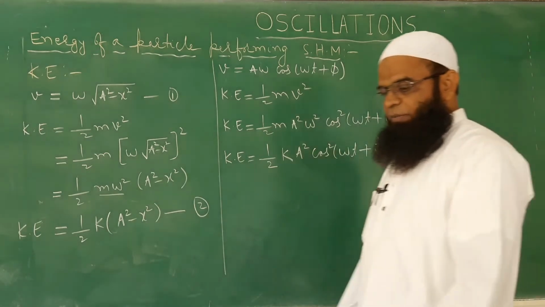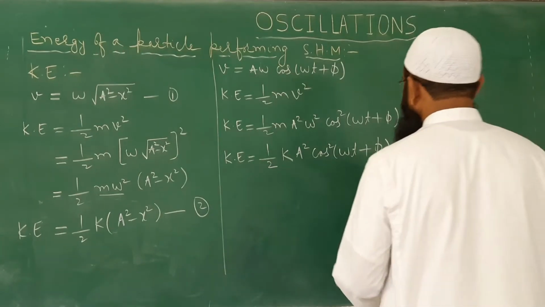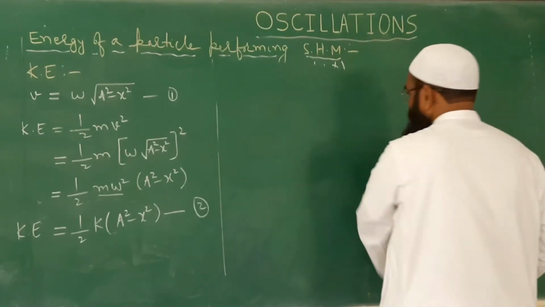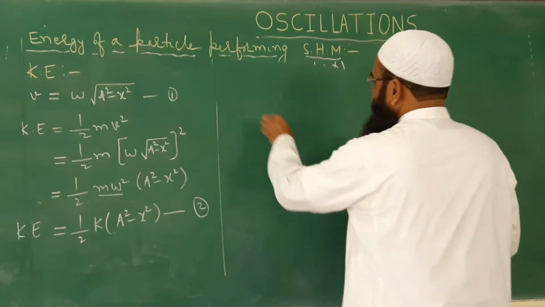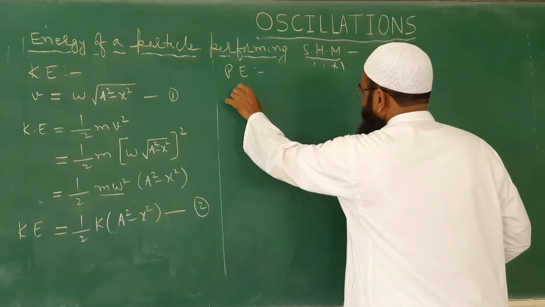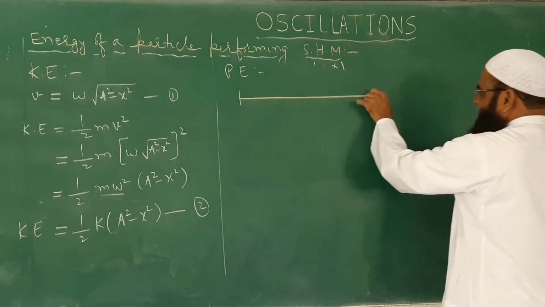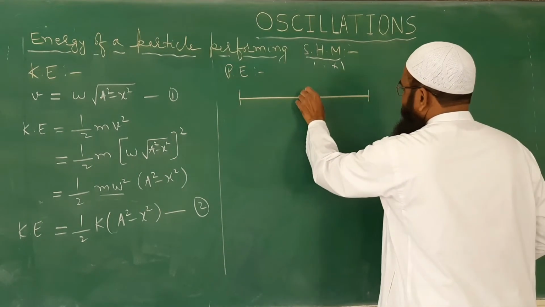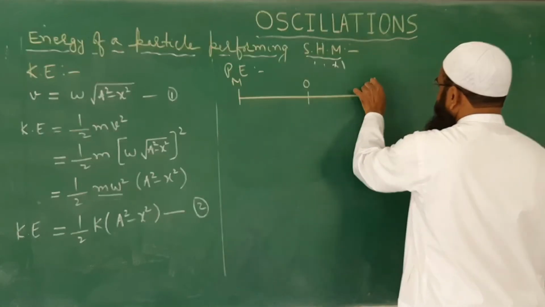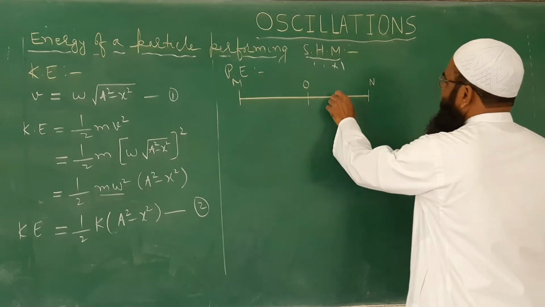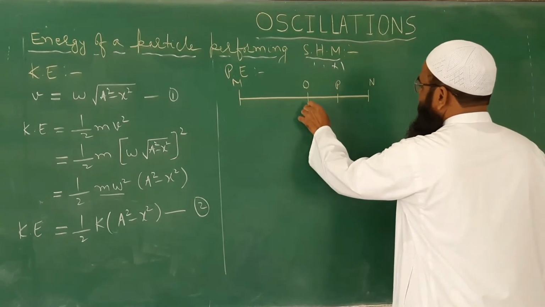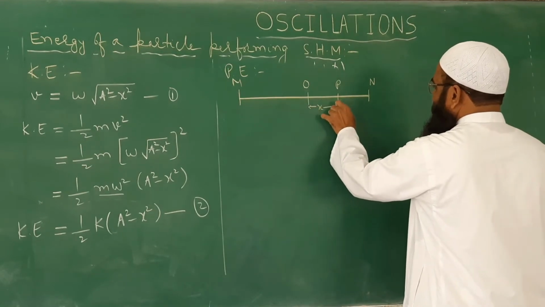Now we will see potential energy. How can we find potential energy? For finding potential energy, let us consider that a particle is performing simple harmonic motion along a path with reference to mean position O about extreme points M. Let at any instant of time the particle be at point B, where its displacement is x.